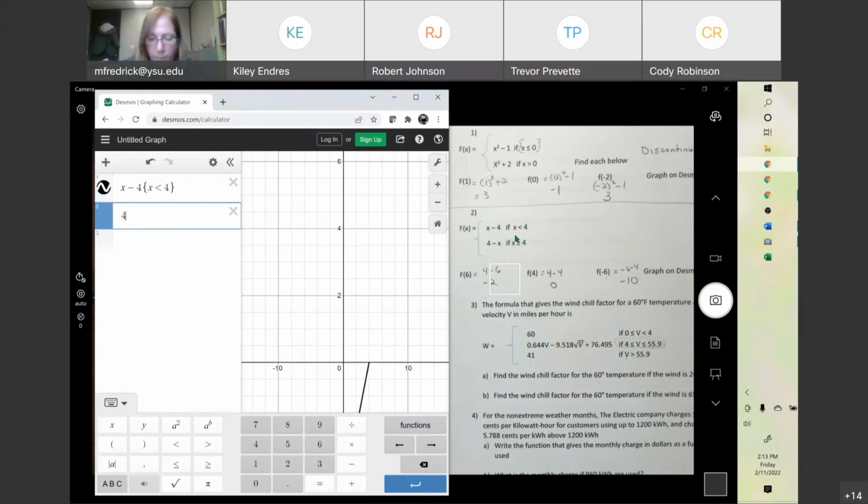And then 4 minus x, x greater than or equal to 4.